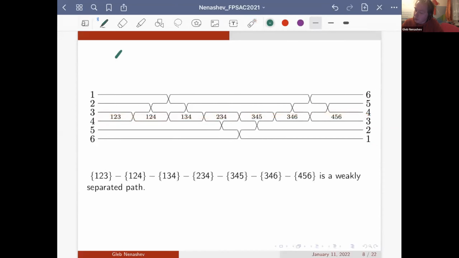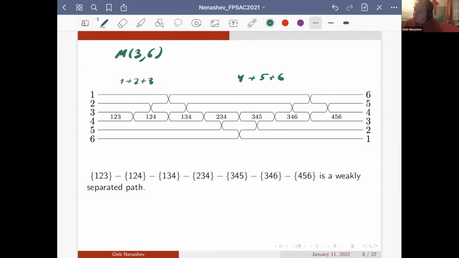We want to count M_3,6. And what we can see is that here, the sum of these indexes is 1 plus 2 plus 3. Sum of these 3 indexes. And here, the sum of indexes is 4 plus 5 plus 6.